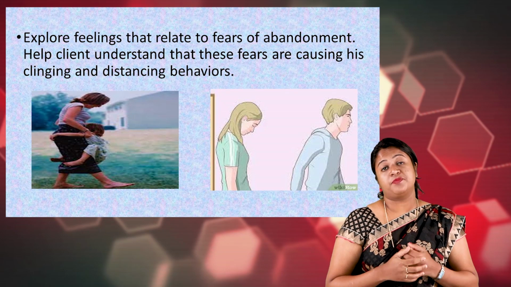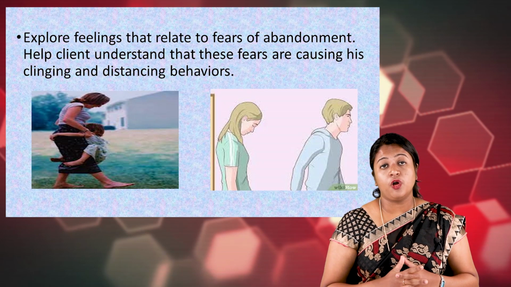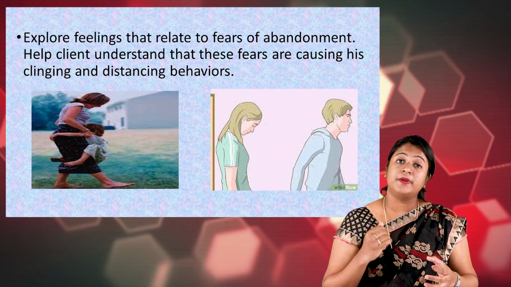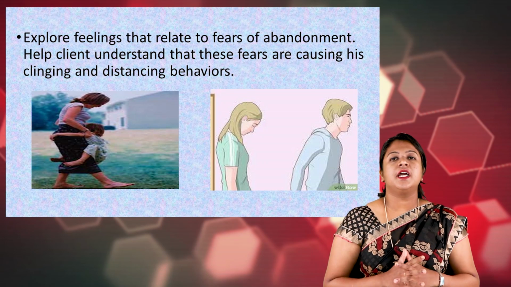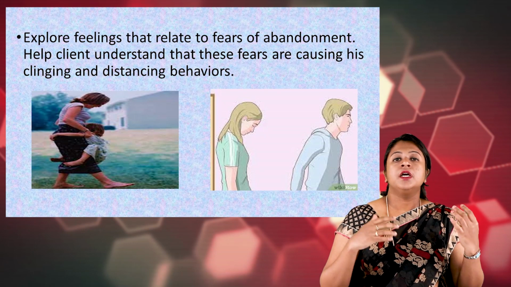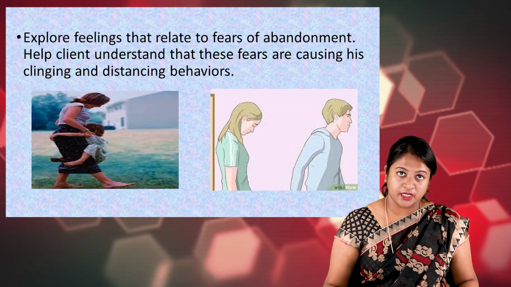So you have to explore that feature, and also teach the client that this is not accepted behavior, and this kind of behavior is going to interfere with satisfactory relationships, right? So that has to be discouraged. So these are the interventions that you can plan for a patient with borderline personality disorder.